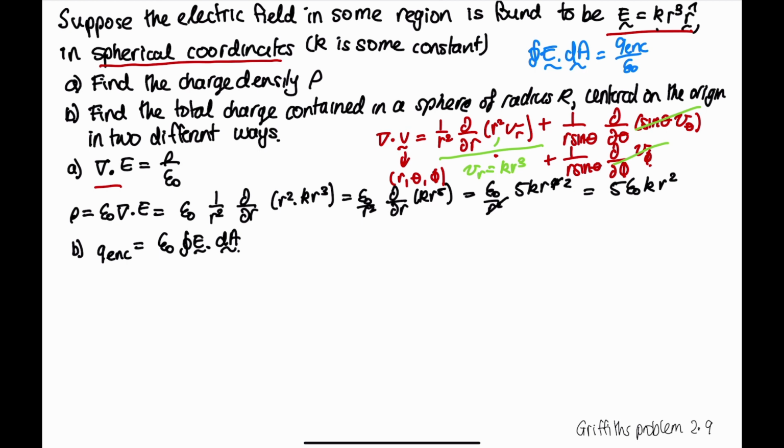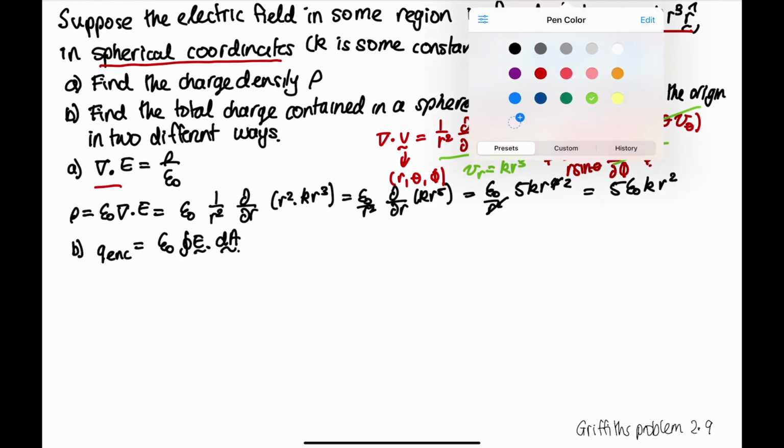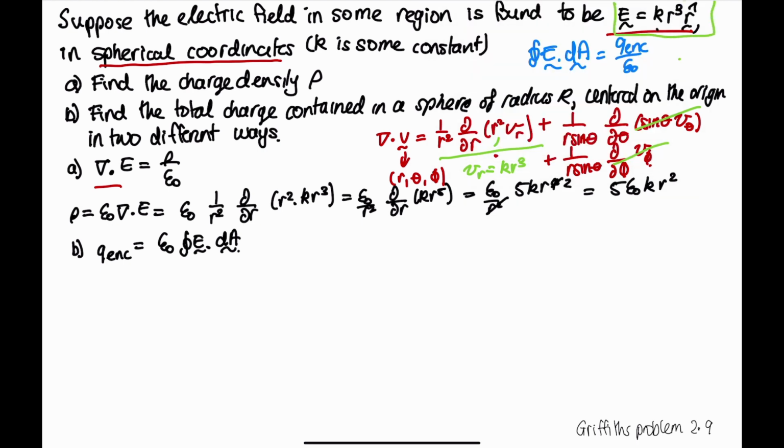And we're considering a surface all at the same radius. And so our electric field here is constant over that surface. So when we're doing this integral, this electric field is constant, and the surface area, because we're just doing it over a sphere, is the area of a sphere.